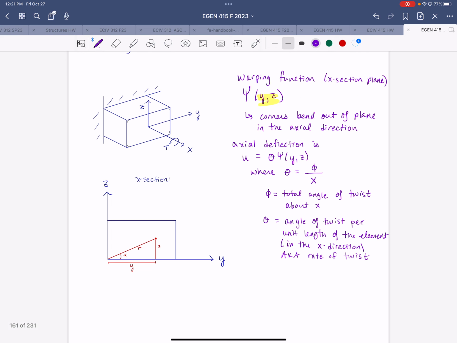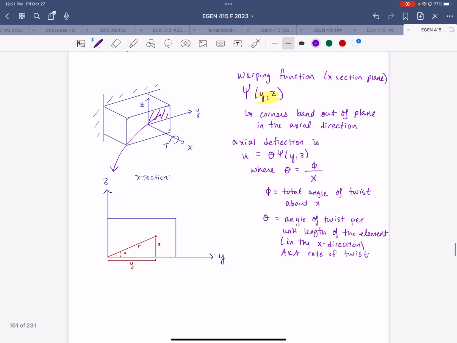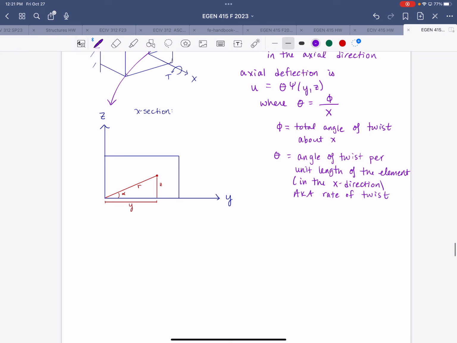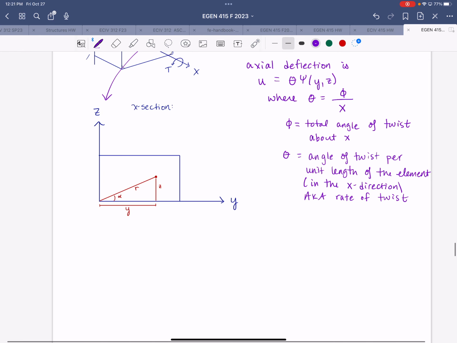So if we consider the positive YZ quadrant of this cross-section and then zoom in on it in the YZ plane, let's consider a point within this cross-section before any twist is applied. So this point here is before twist.